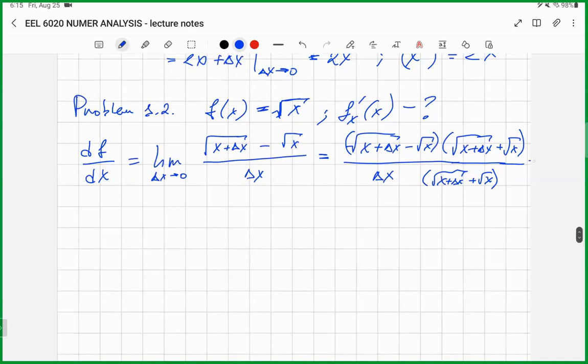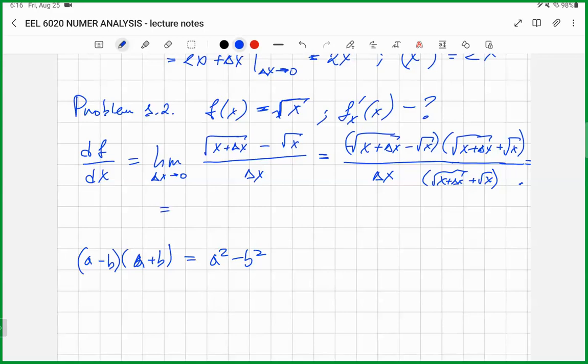Why so? Because now I can use the formula a minus b times a plus b, which is a squared minus b squared. And of course the square roots here vanish.